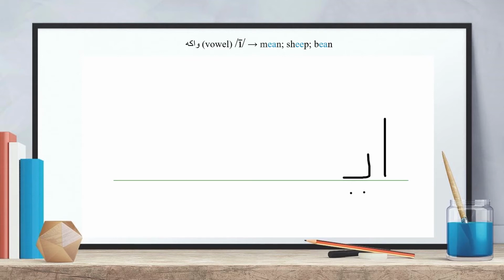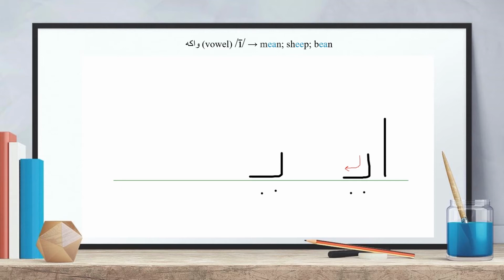So you start from top to bottom and then from right to left. But it must be smaller than A, than Aleph. Then when it comes in the middle of a word, we just write it exactly like E in the beginning, but this time without the Aleph. So exactly like this, from top to bottom, from right to left, and with 2 dots under it.